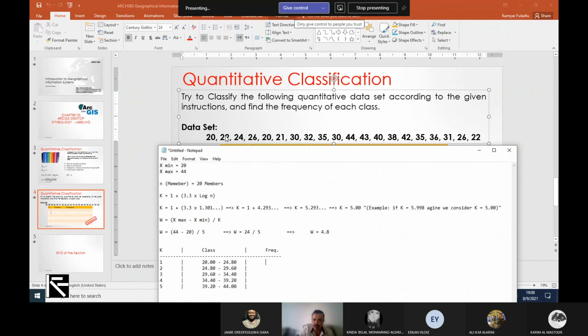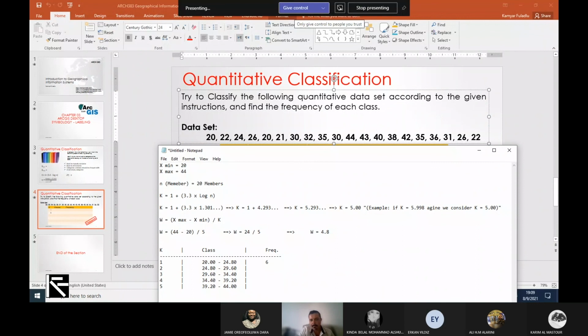We have 1, 2, 3, 4, 5. I think 5. Oh, we have one more here, 6. So the frequency for this group is all the members from 20 to 24.